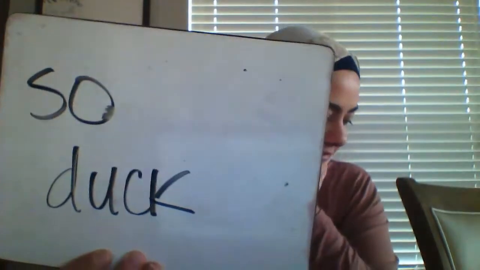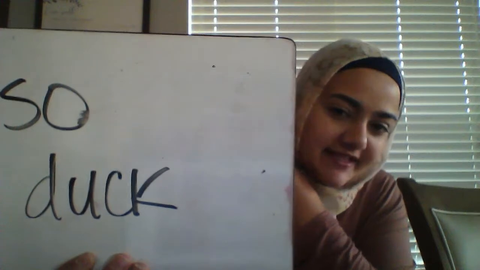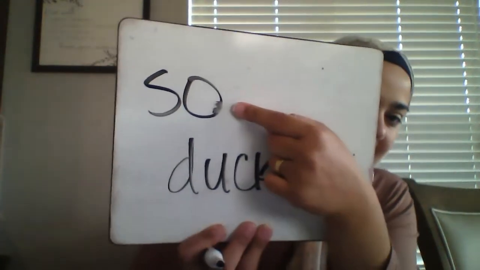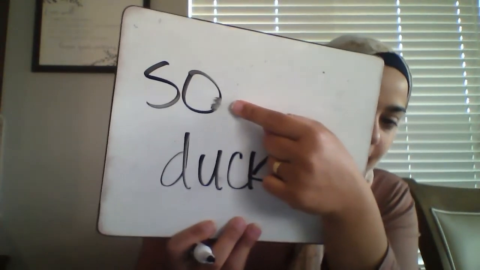Let's practice some other words. How about this word, and then we'll do this word. So, oops, I just said it. Okay. Let's look at the first word. What is this word? This word is so. Very good.